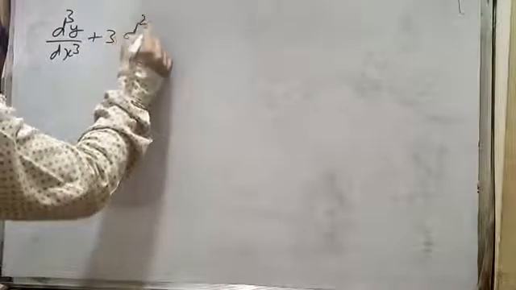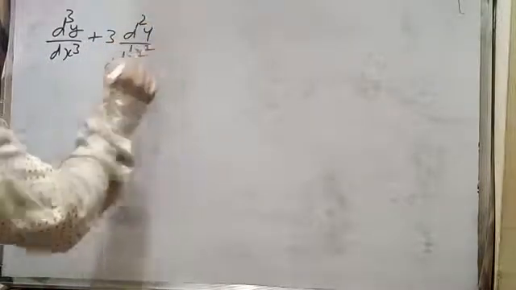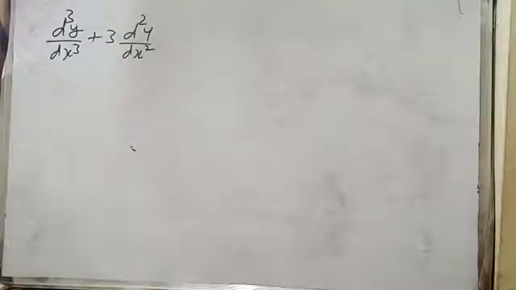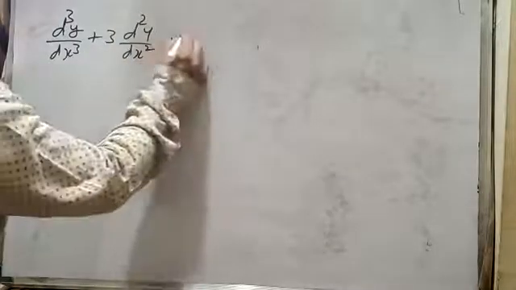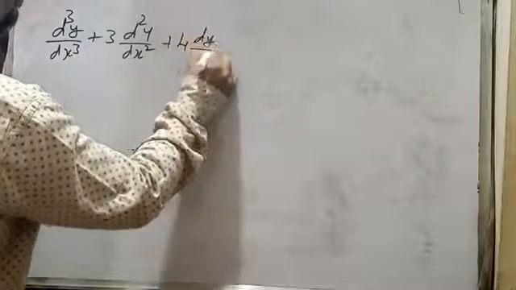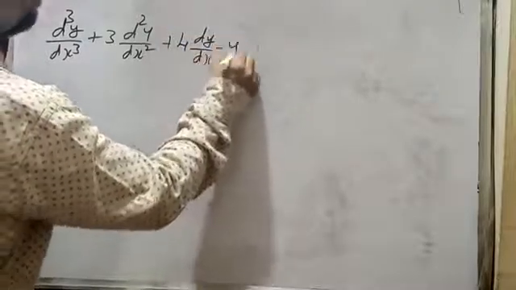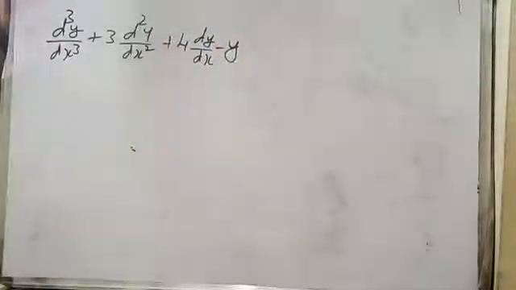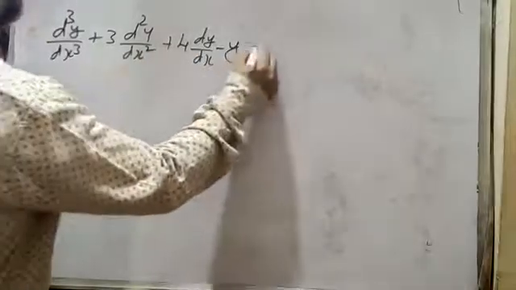Right, friends? So now I will write a differential equation. d cube y by dx cube plus 3 times d square y by dx square plus 4 times dy by dx minus y is equal to cos 3.